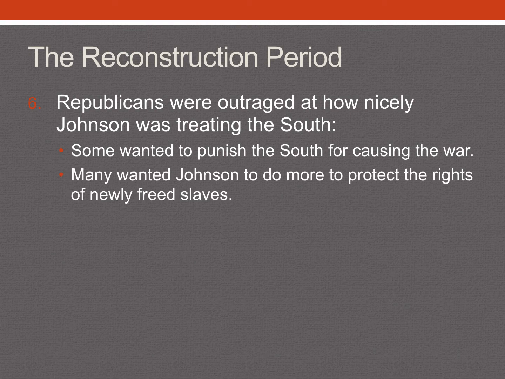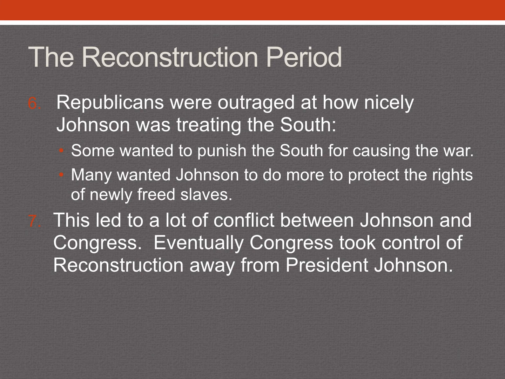Many Republicans in the North also wanted Johnson to do more to protect the rights of newly freed slaves. And what we see, this leads to a major conflict between Johnson and Congress about whose ideas should lead Reconstruction.